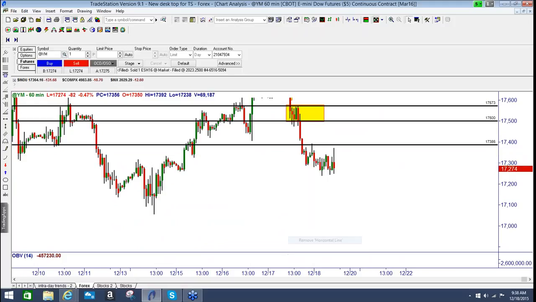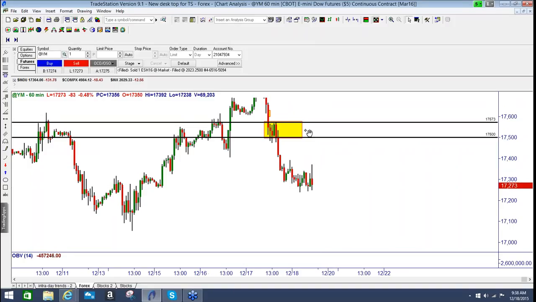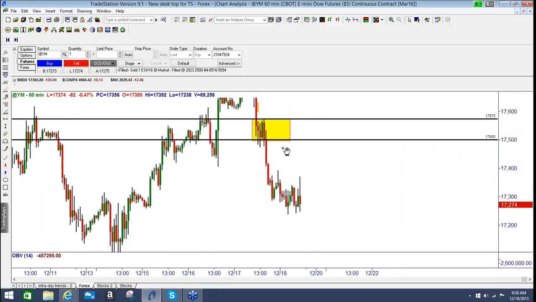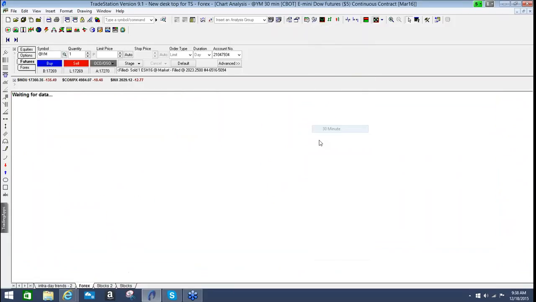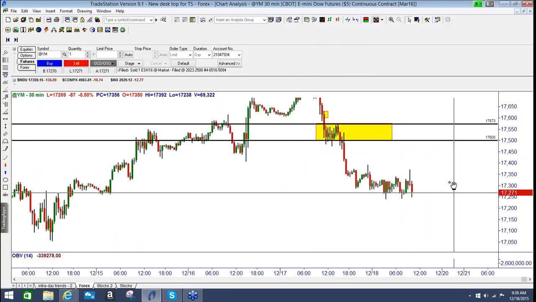No, it's a mess down below. So that's a nice short level if we get there, but look for something a little closer.